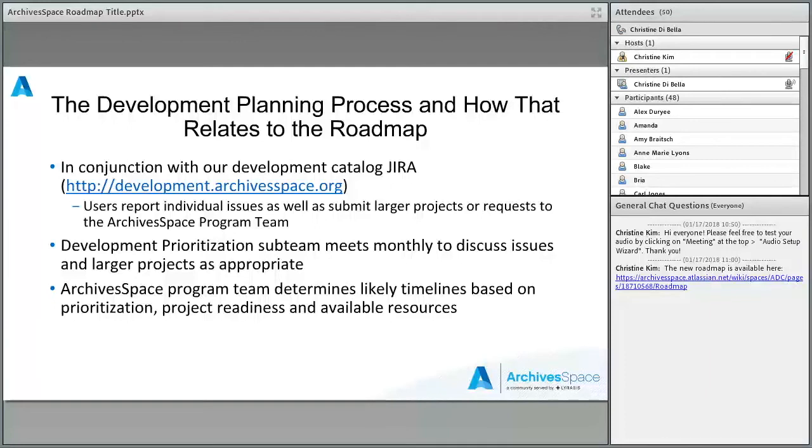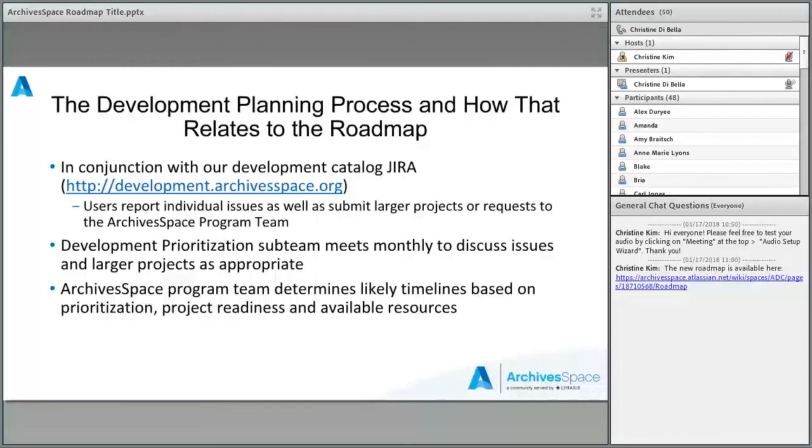So our development prioritization subteam meets monthly to discuss both the individual issues that have been logged, as well as larger projects. As you would expect, a number of things rise above just a single issue. It's a more holistic thing. It's a set of features that people want.